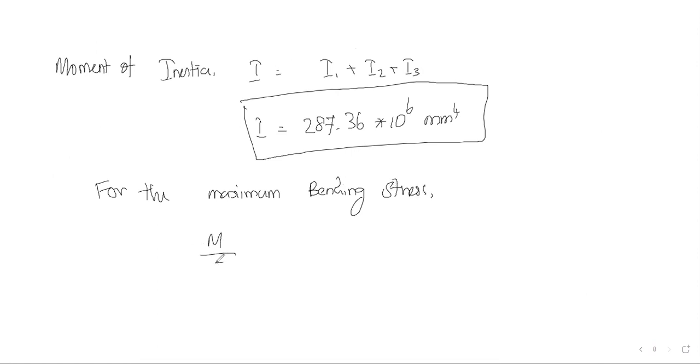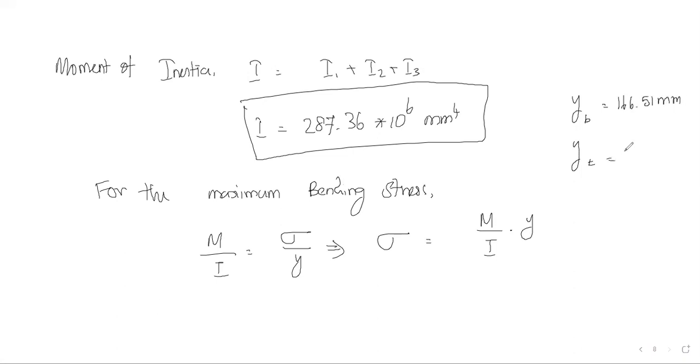The formula is M by I equals sigma by y. Here I need bending stress sigma, so the formula becomes M by I into y. There are two y values, yb and yt. So yb is 166.51 mm and yt is 133.49 mm. Among them, if I need the maximum value, then I have to use the maximum of these two values. So yb I can take. I'm going to use yb here for maximum stress.